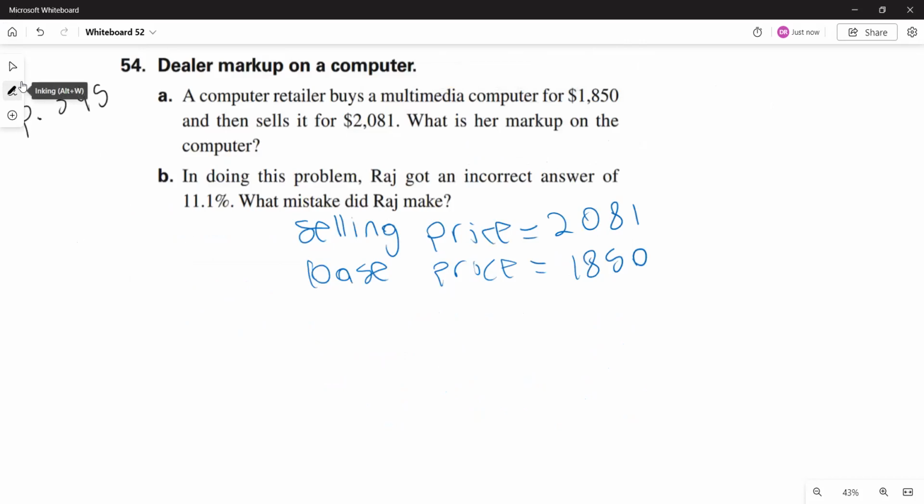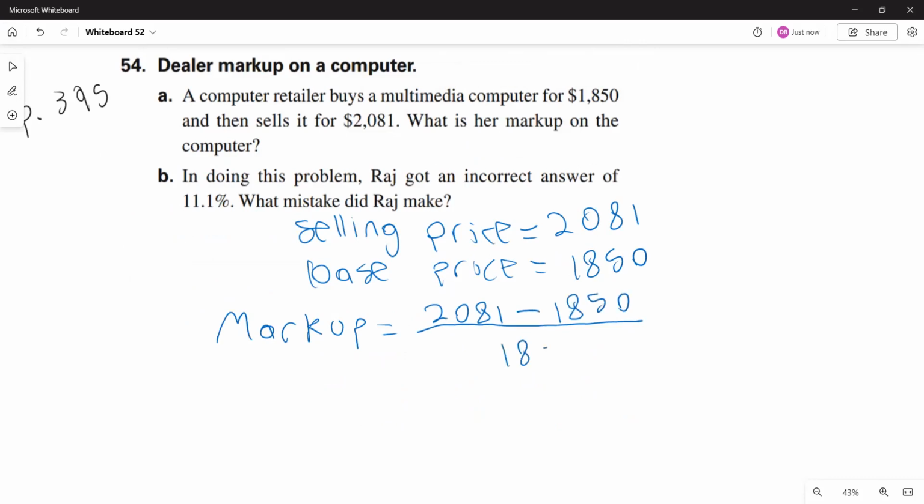The markup is the percent of change in the base price. So that's selling price minus base price over base price, and at the end, we need to convert that to percent. 2,081 minus 1,850 is 231.